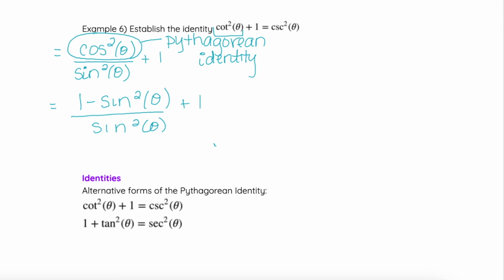What I'm going to do now is decompose my numerator and break apart that fraction. I know that this fraction is equivalent to 1 over sine squared of theta minus sine squared of theta over sine squared of theta plus 1.